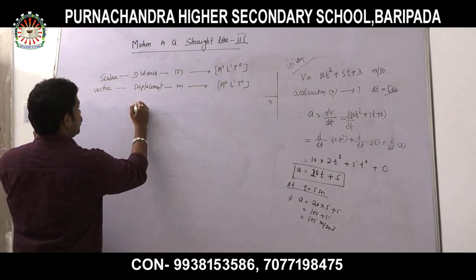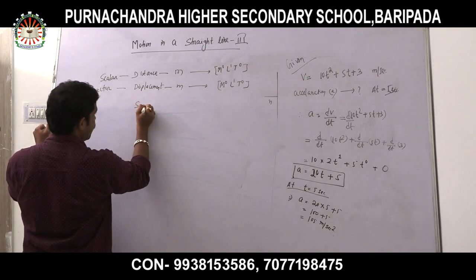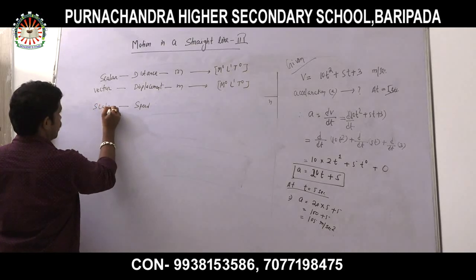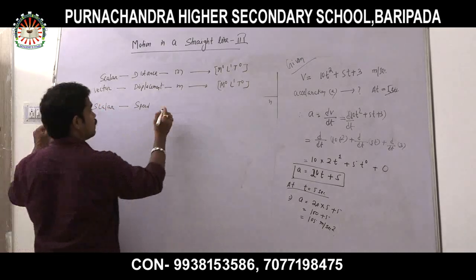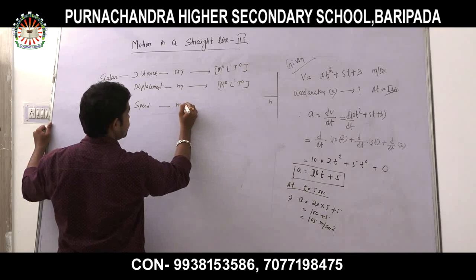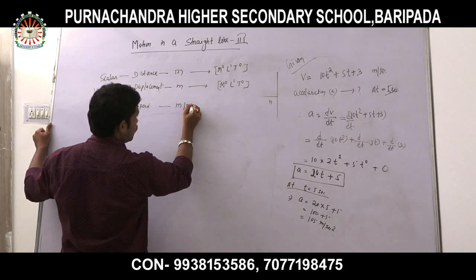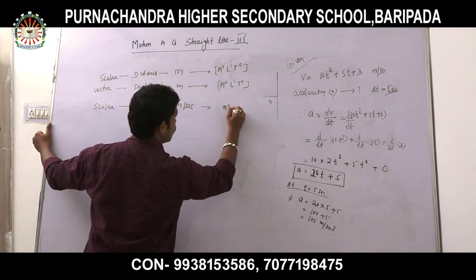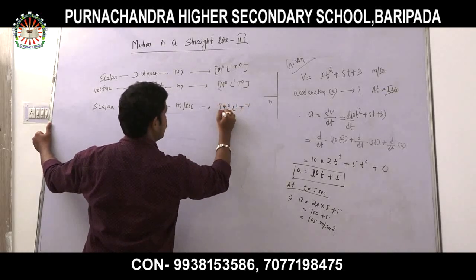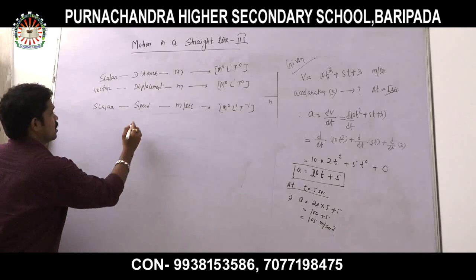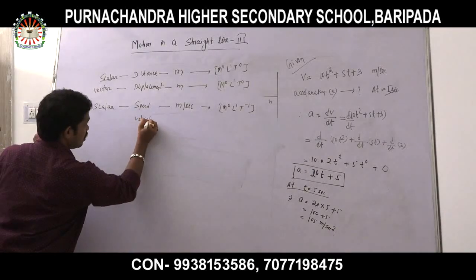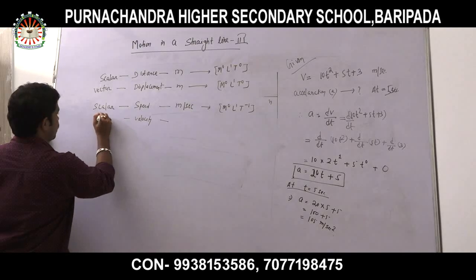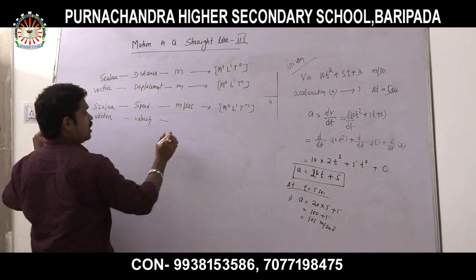Understood? Then come to speed, which is a scalar quantity. Unit is meter per second, and this is m0, l1, t to the power minus 1. Then come to velocity. Velocity is a vector quantity.